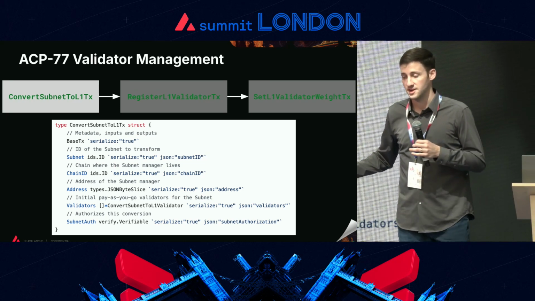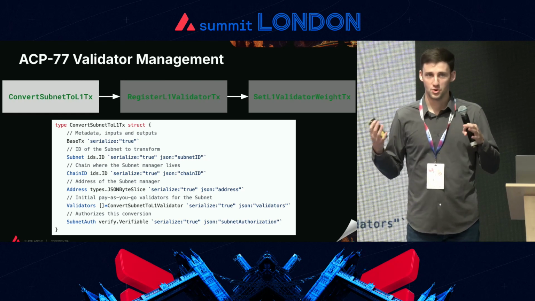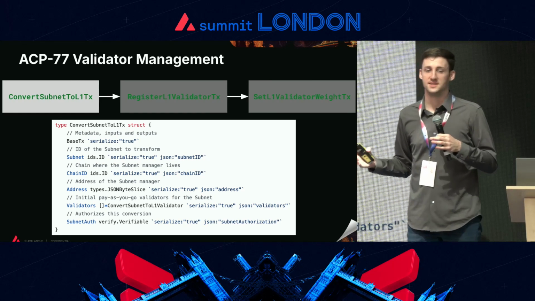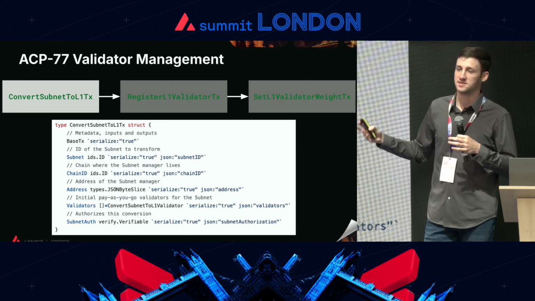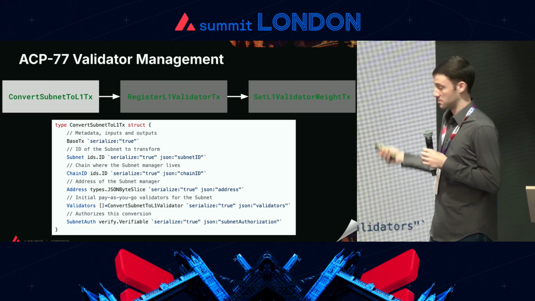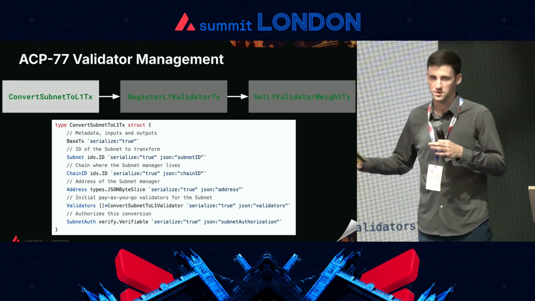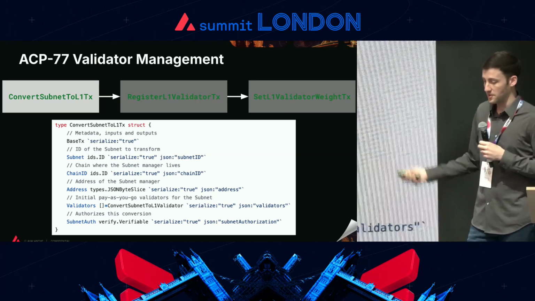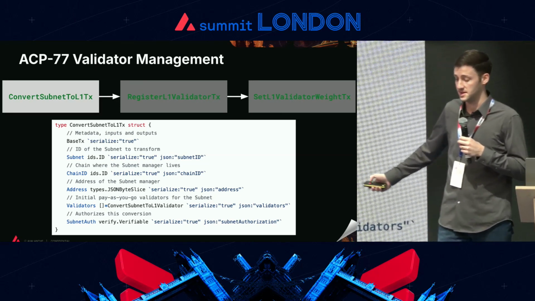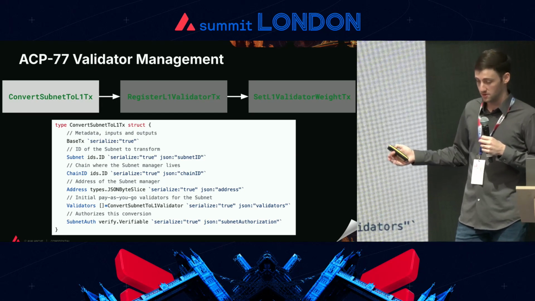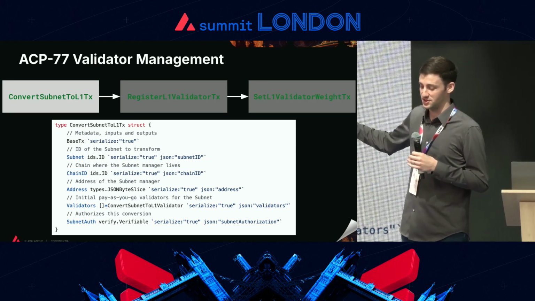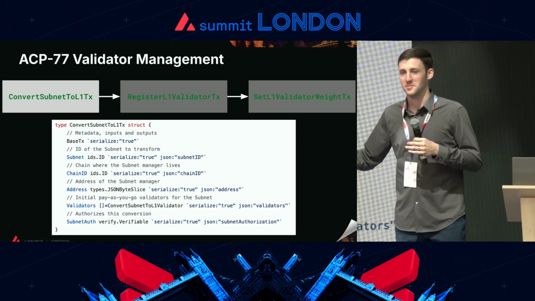The chain ID and address represent who the validator manager is for the given L1, in the sense that it identifies the address that is able to send ICM messages to the P chain specifying validators should be added, removed, or modified. Also in this convert subnet to L1 transaction, we have the initial validators of the L1 when it's converted, and this conversion is authorized by the original subnet owner.